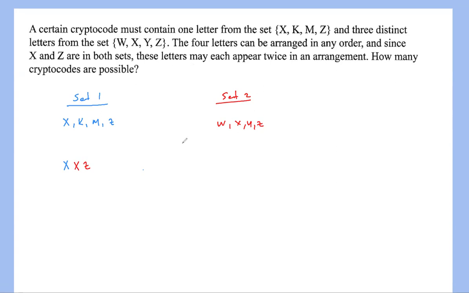I need one more from the second set, so we're going to choose W or Y, just one of them. I'm going to highlight this one because whatever I get from this arrangement, I will double, because I can swap W with Y, which is why I don't want to rewrite it one more time. This is one thing we can do, but it's not the only one, right?